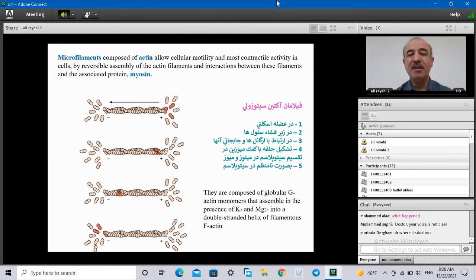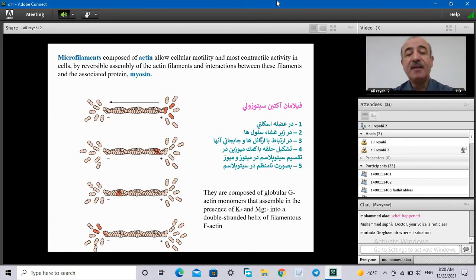Usually you hear about actin filaments and myosin filaments within the muscle cell. Within the muscle cell, the interaction between actin and myosin forms structures for contraction.